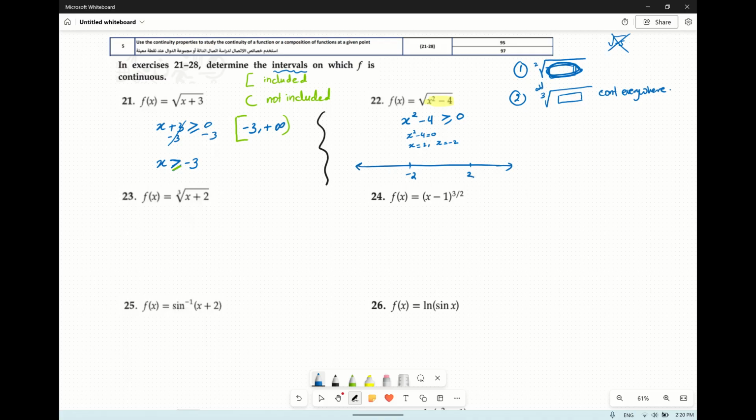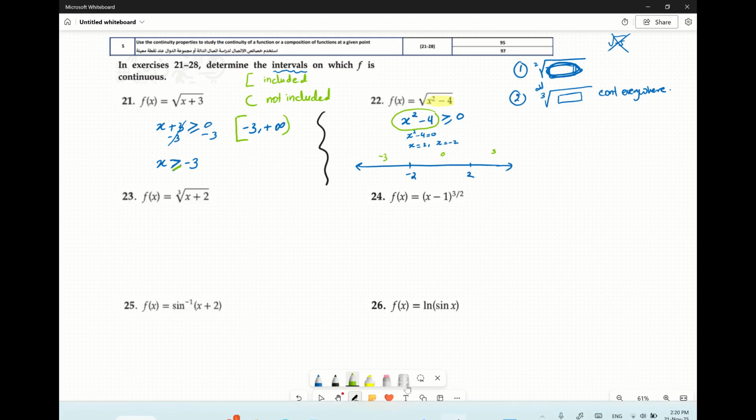Now I need to check where this is going to be positive. How will I know? I need to take test points. So for example, before minus 2 I can take minus 3. Between minus 2 and 2 I can take 0. After 2 I can take 3. Now I take it and I substitute it into this.